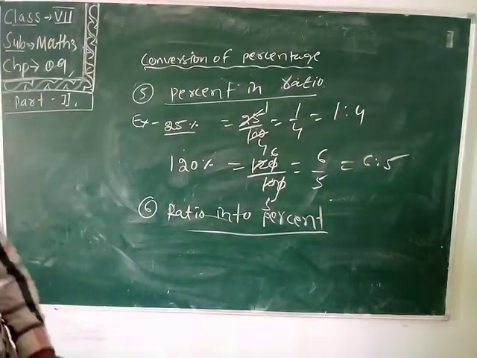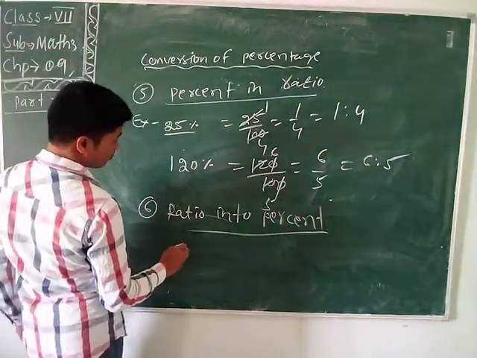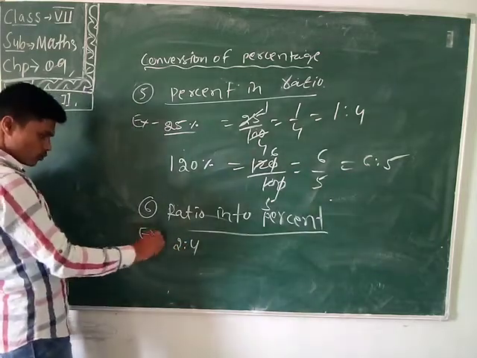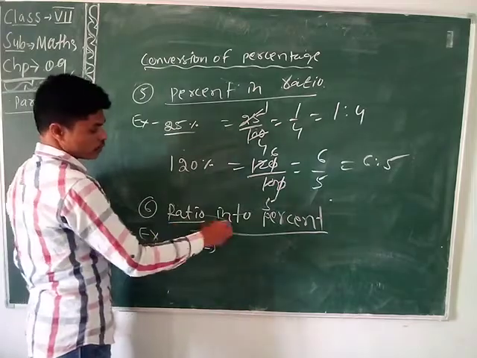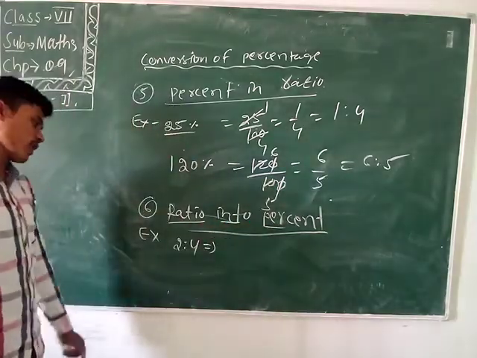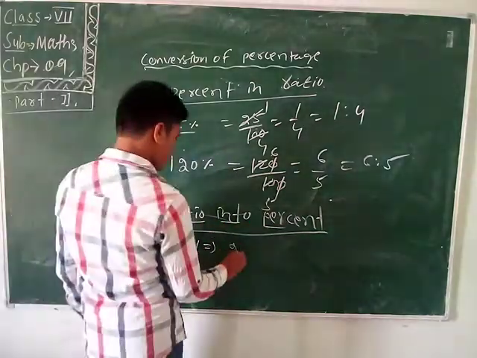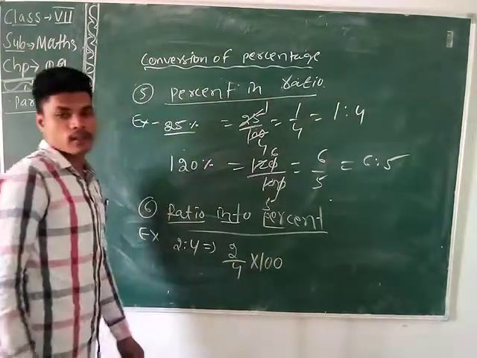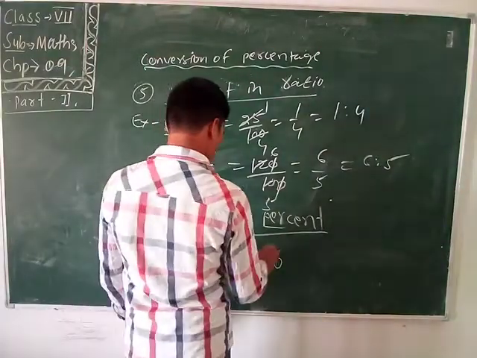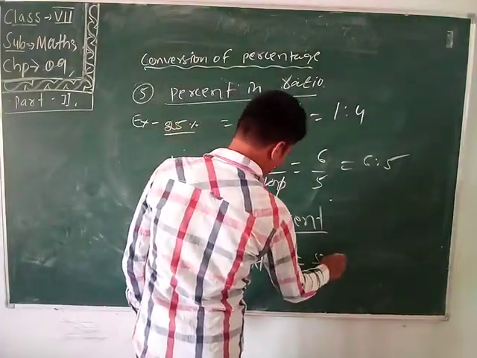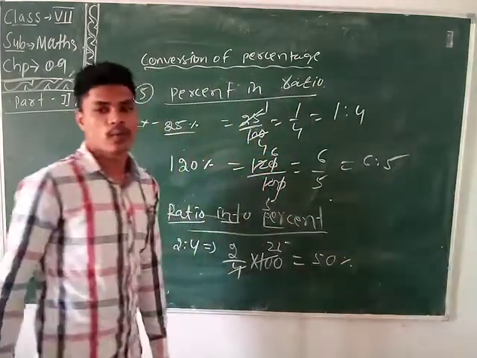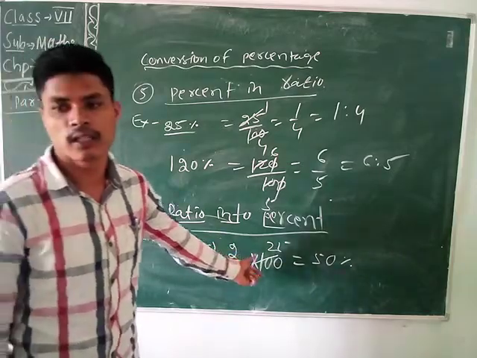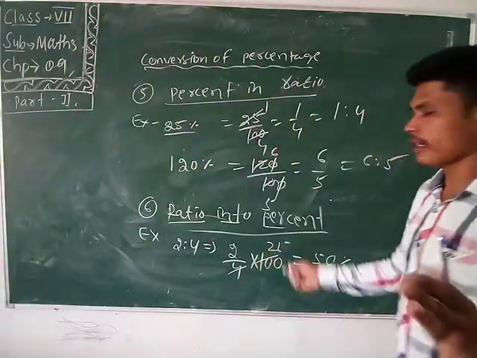Take an example, 2:4. The question is ratio into percent. 2:4 equals 2 by 4. Percent means into 100, so it is 50%. Yes or no? Now we can easily find the answer.